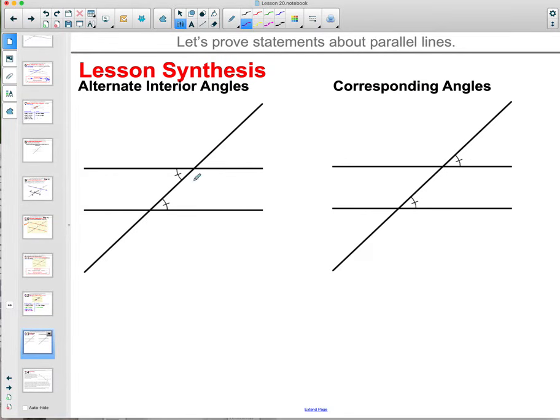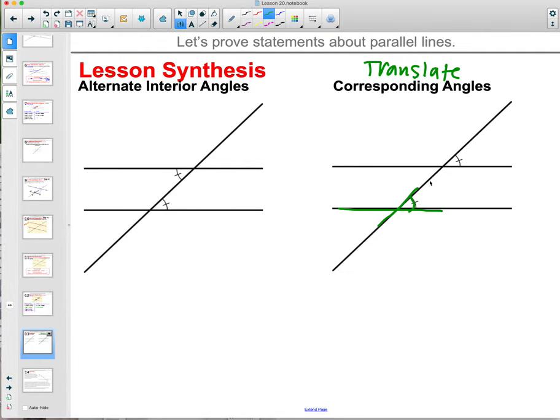These are the two different things that we did. When you translate the top parallel line, when you translate this set of angles down to the next one, if I grab this and move down, the angle that it lands on, these are called corresponding. As you translate the line down, you get corresponding angles.